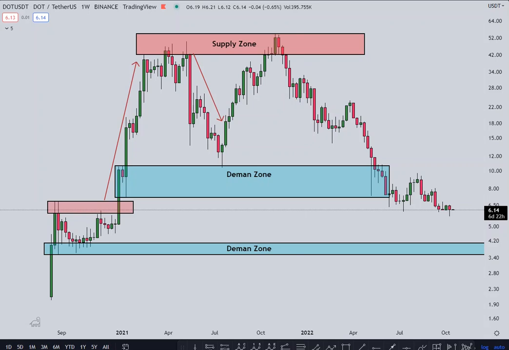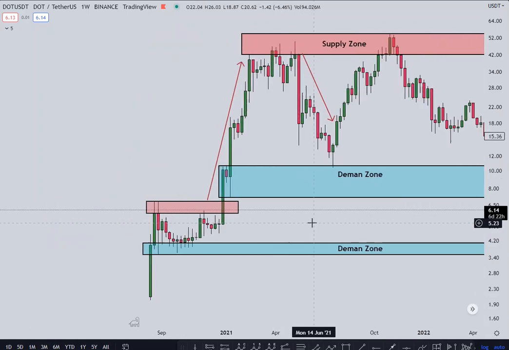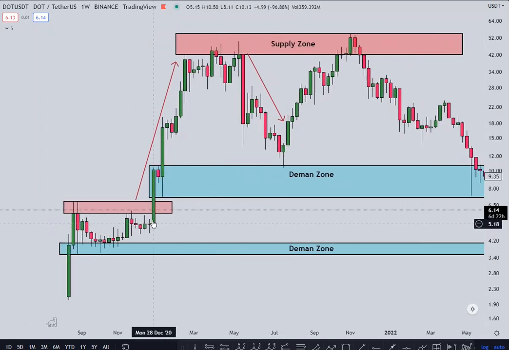So when the demand is more than the supply, the price rallies up, which is represented by a big green candle. Here, for example, in this area, you can see a very strong green candle. It shows the demand is more than the supply, so the price starts going up.